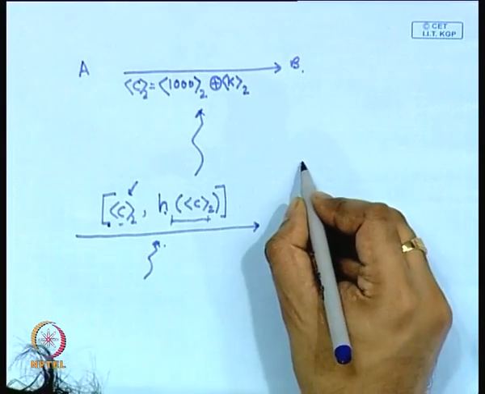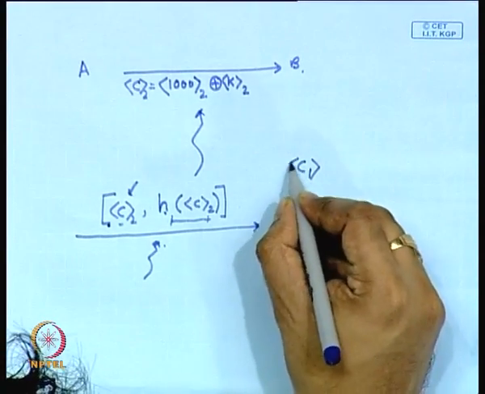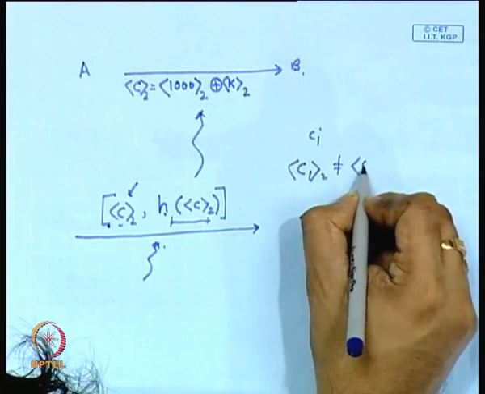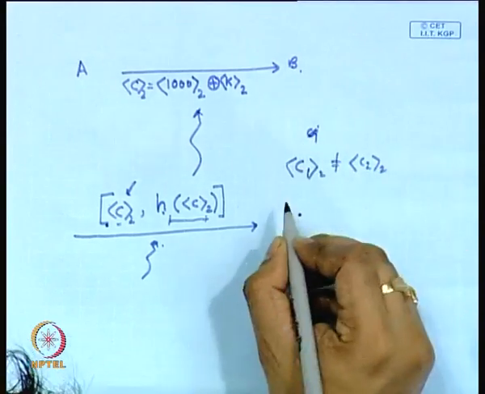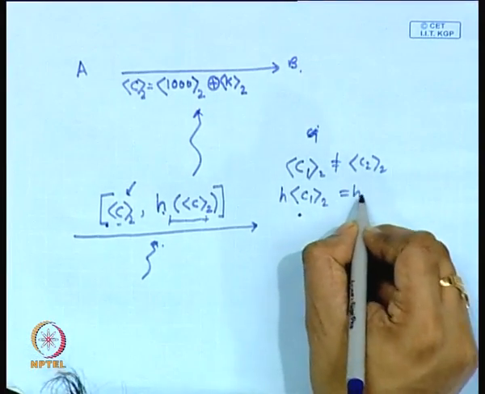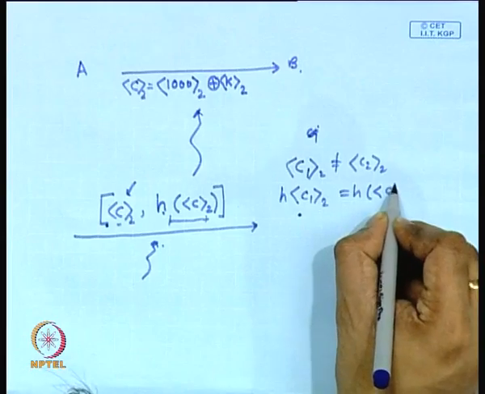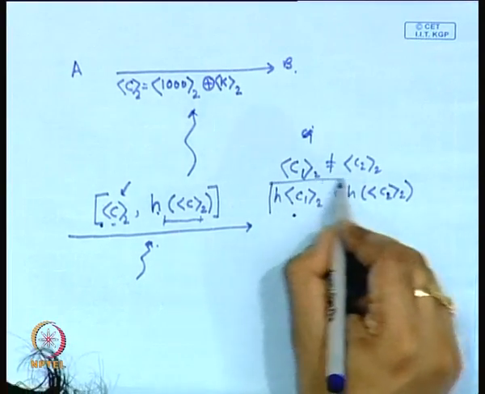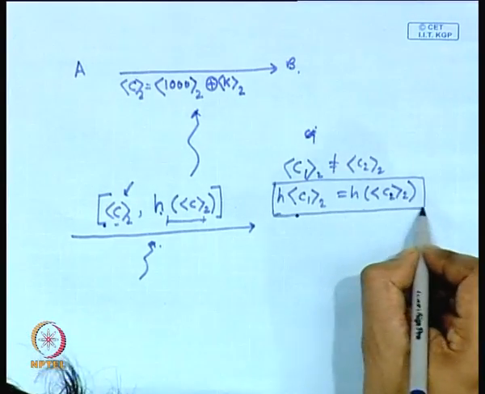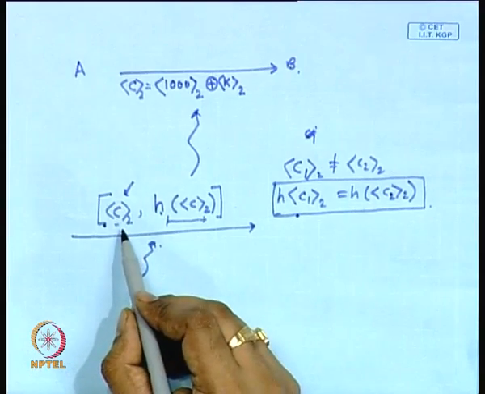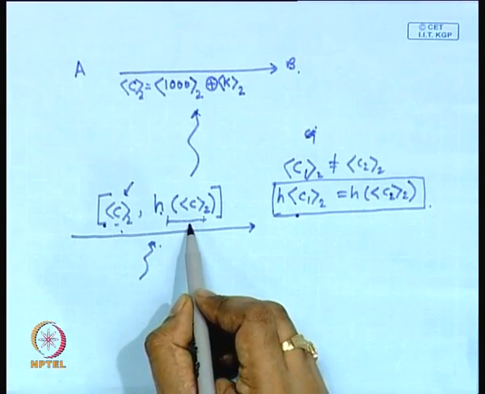So what I mean is that it should not be easy to find two values C1 and C2 which are not equal to each other, and the hash of C1 is the same as the hash of C2. Because if it is easy to find such a piece of information, then the integrity is not really provided by this hash function.